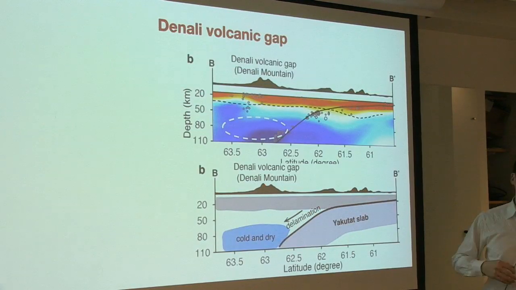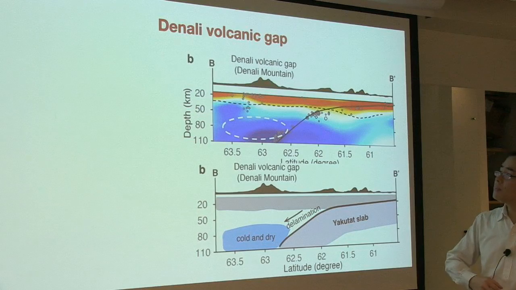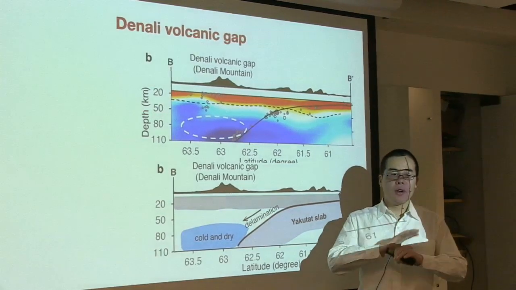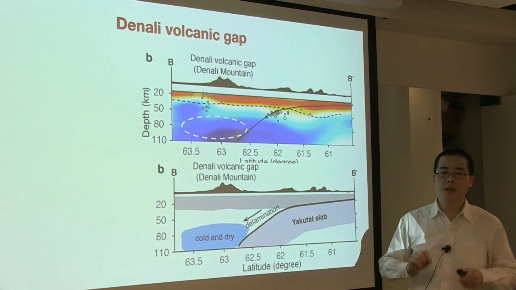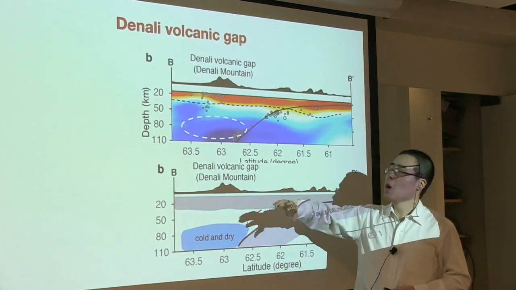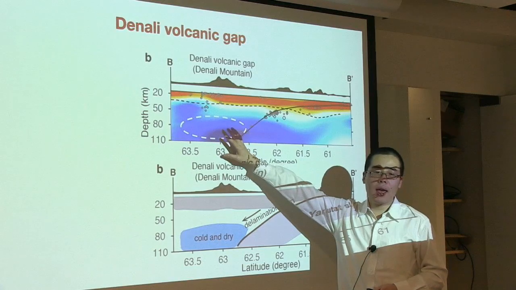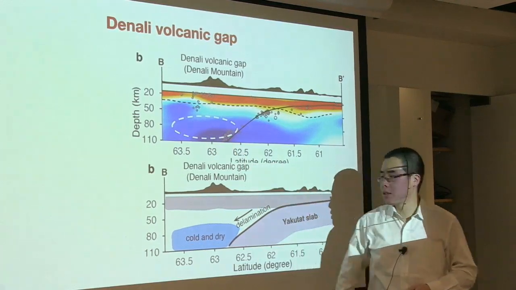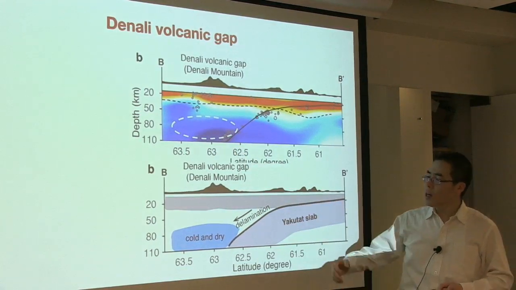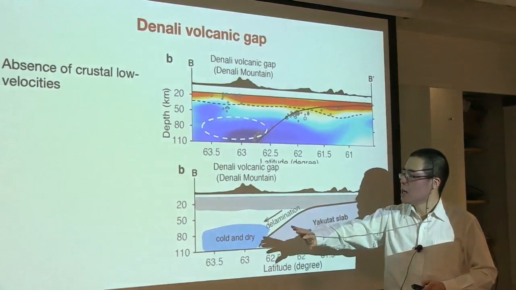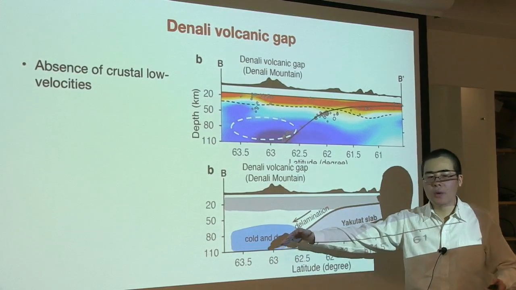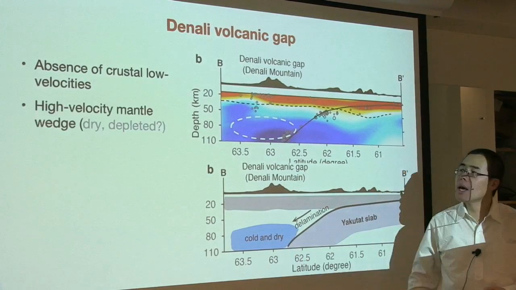Now let's come back to the Denali volcanic gap. Here, compared to other regions where we have active volcanoes, this shows a very different structure. We have a very high velocity within the mantle wedge. What we know is this is probably the presence of cold and dry material here.